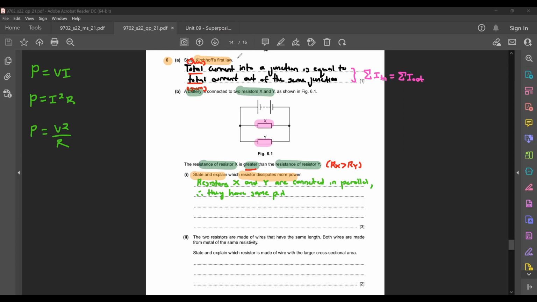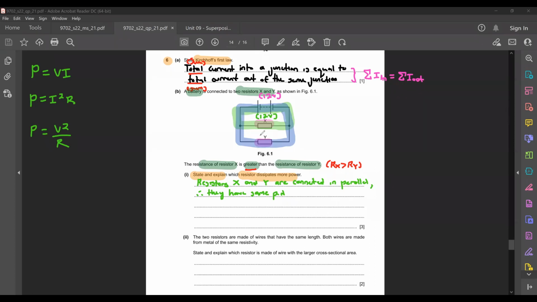Just to give you an idea of what I meant, if your EMF here is 12 volts, if you apply Kirchhoff's second law for this loop, this green color loop here, you only have one EMF and one PD here. So this PD here would be 12 volts. And then if again you apply Kirchhoff's second law for the second loop, which is indicated in blue here, again you have only one EMF and one PD.